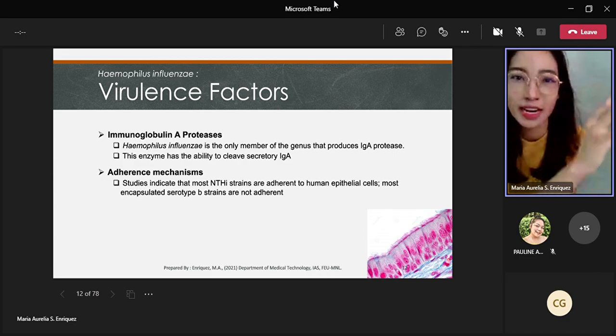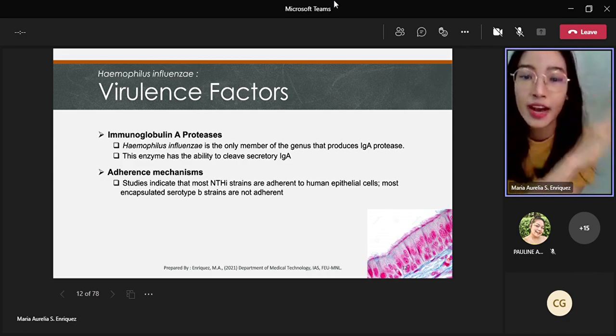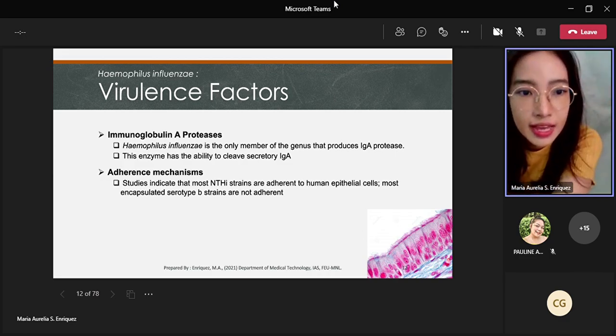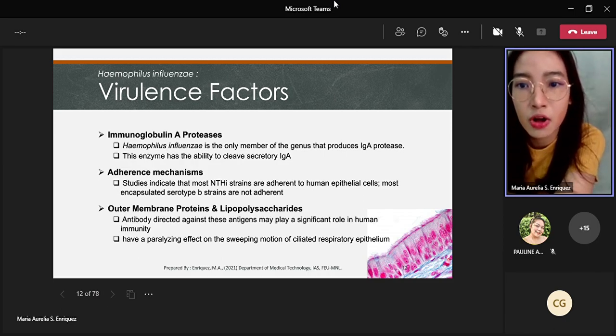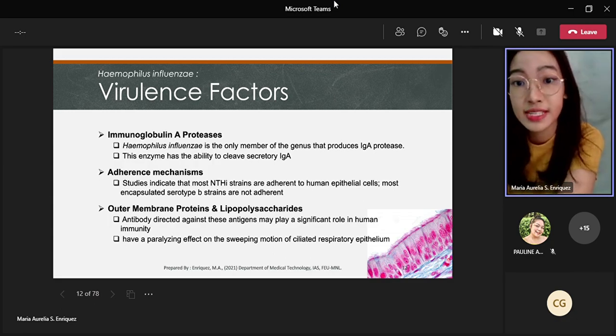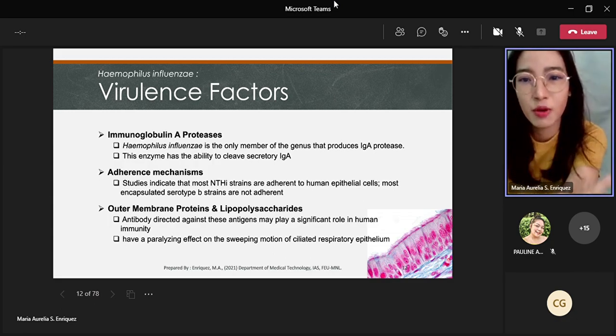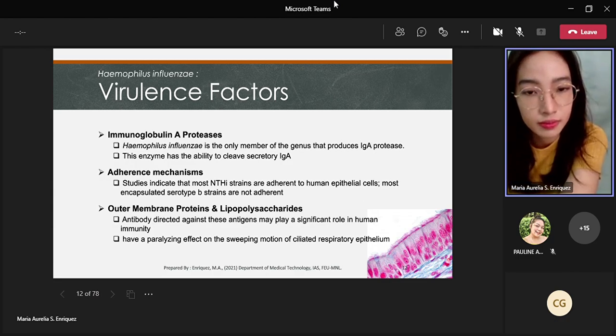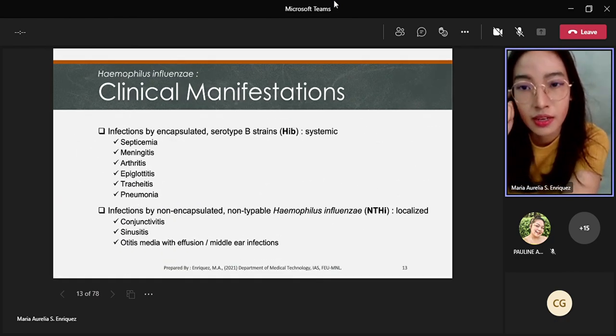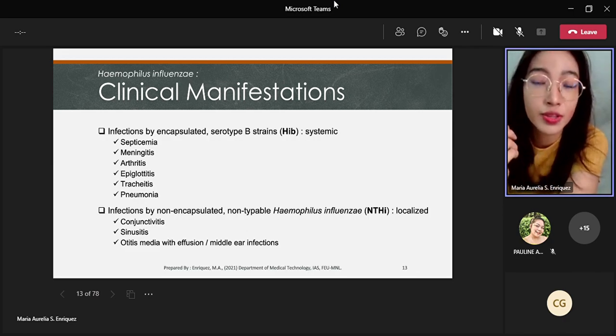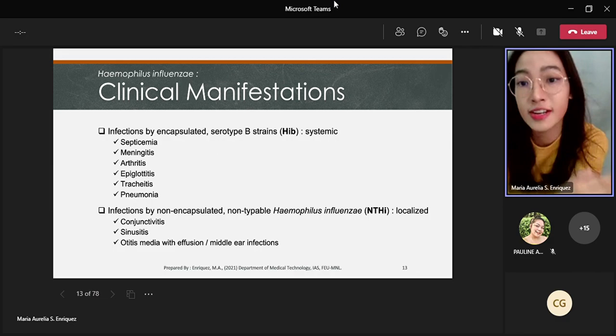So i-expect natin na localize yung mga infections na kaya nilang i-cause. And lastly, Haemophilus influenzae also has outer membrane proteins that paralyze the sweeping motion of the ciliated respiratory epithelium.